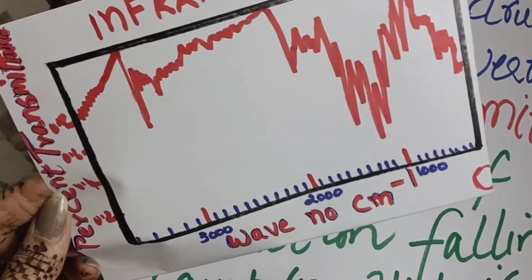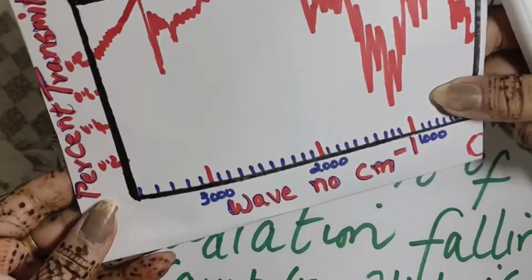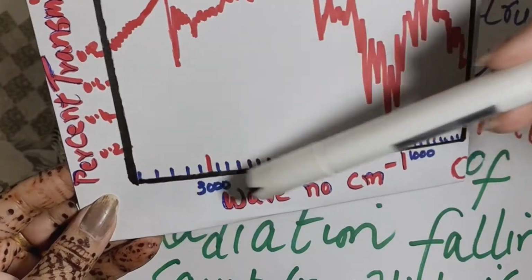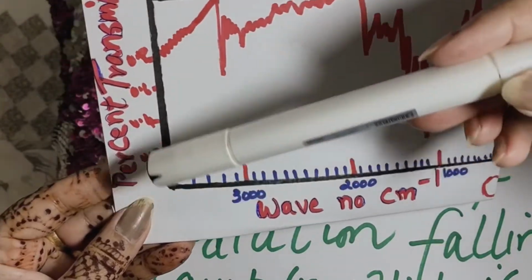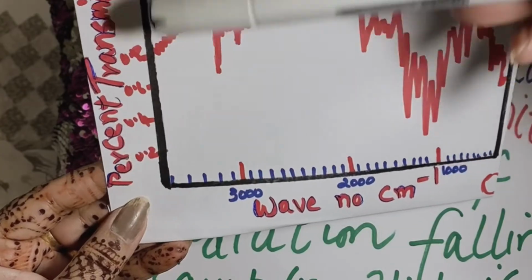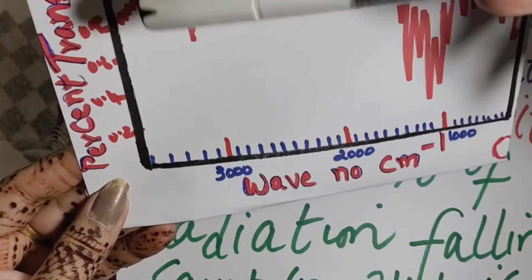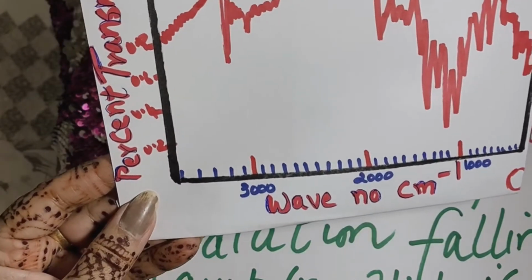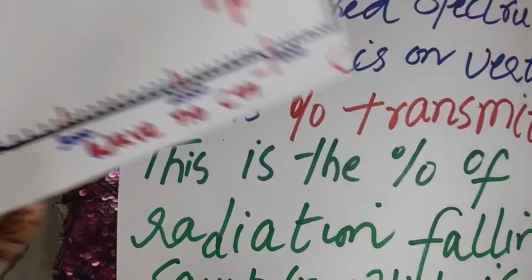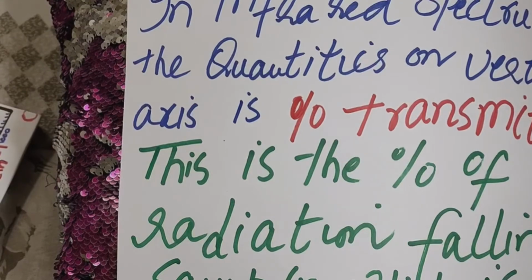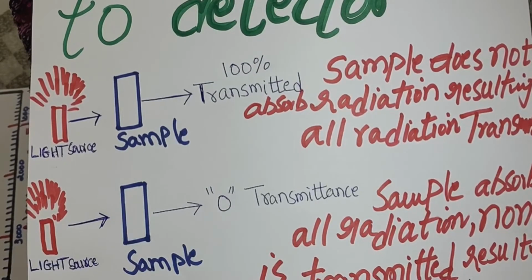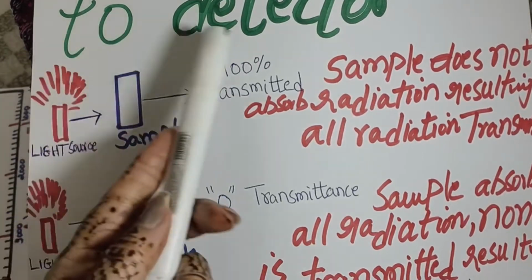In this infrared spectrum, you can see that some quantities are on the vertical side and some are on the horizontal side. The quantity on the vertical side is the percent transmittance, which is the percent of radiation falling on the sample that again reaches the detector.